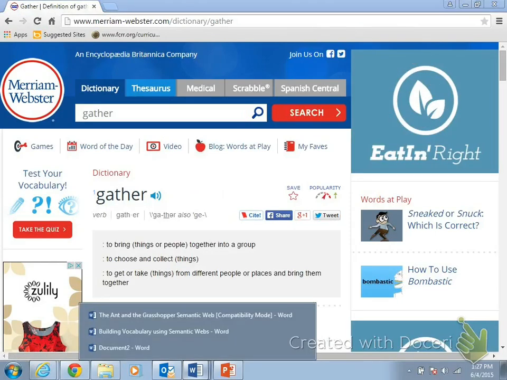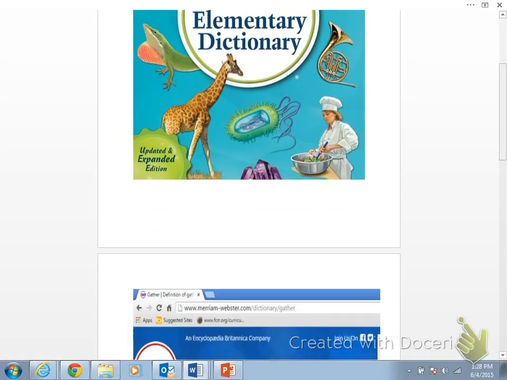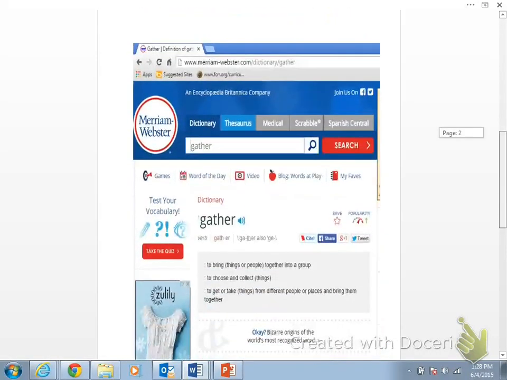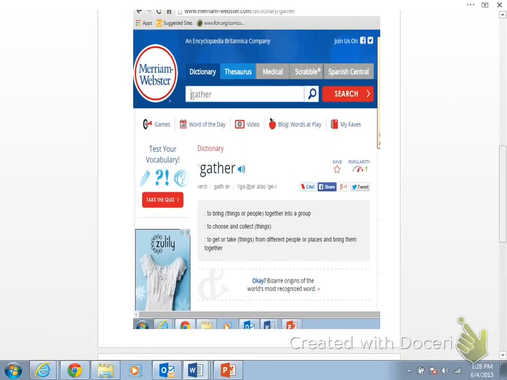So let's kind of streamline what we're looking at. So we're going to look at what I call a screenshot just because we don't want to get confused. But if we look here, we see the word gather. We see right under gather that it is a verb.